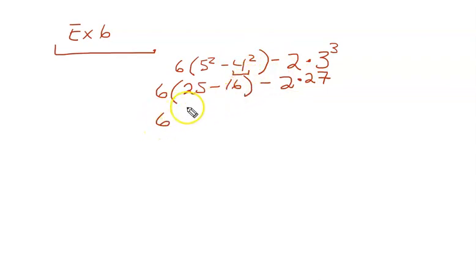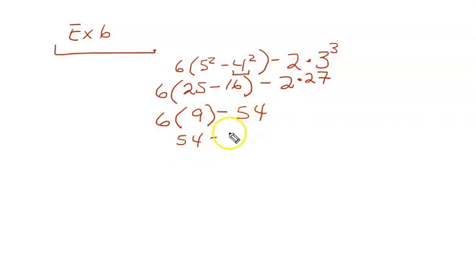So this is going to be then 6 times 25 minus 16 is 9. Minus a -2 times 27 is a -54. So 6 times 9 is 54.